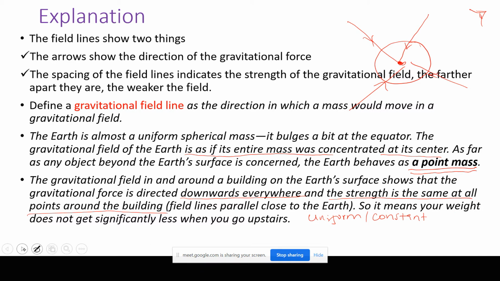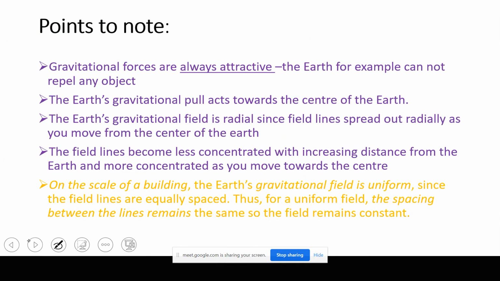In summary, these are some of the points we need to note. Number one, the force between two masses is always attractive. And I mentioned the Earth cannot repel any object in its atmosphere.